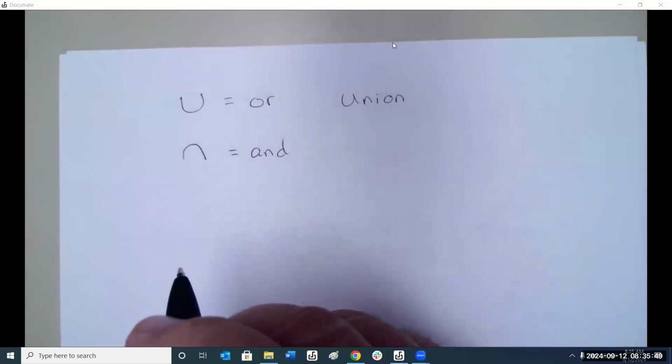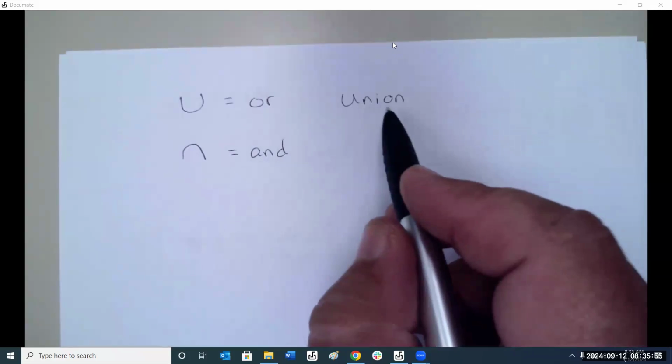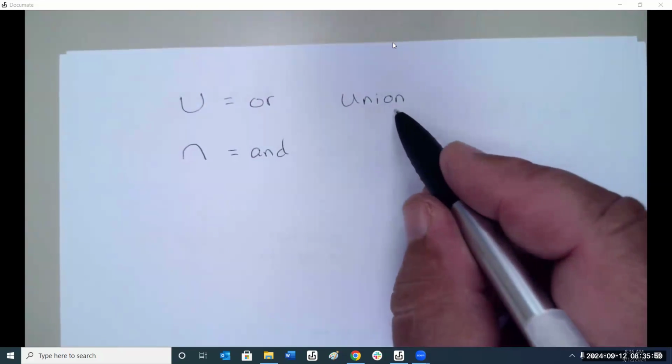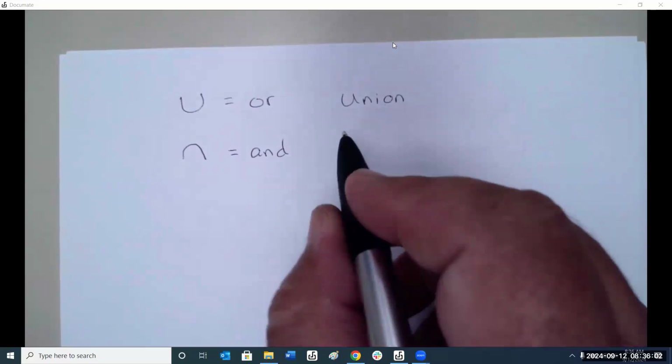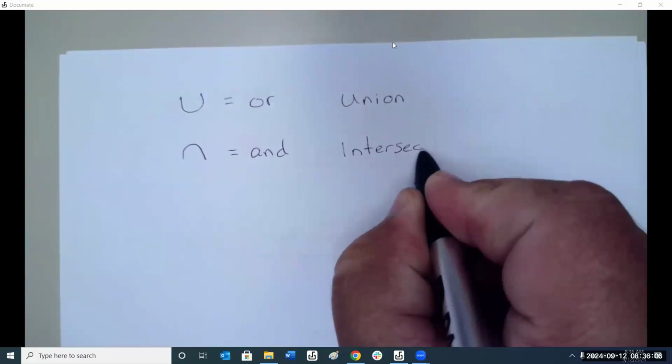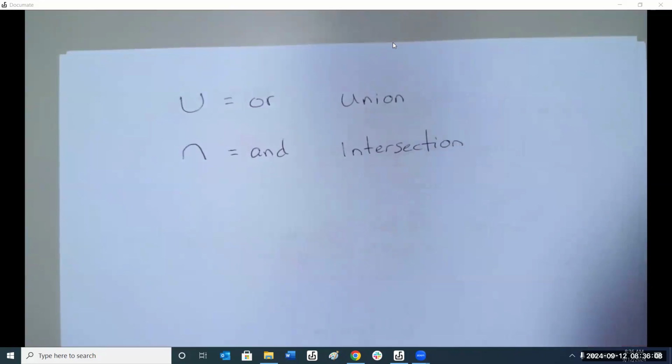And the N stands for what? Instead of union, it's what? I know it's or and, that's true. But instead of union, intersection.